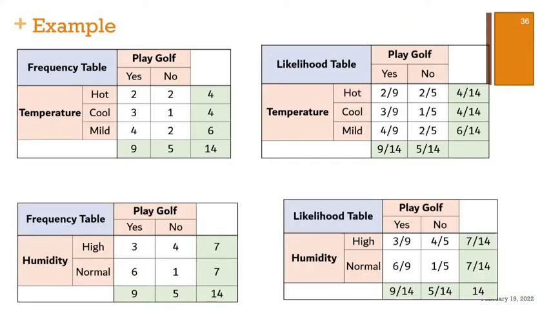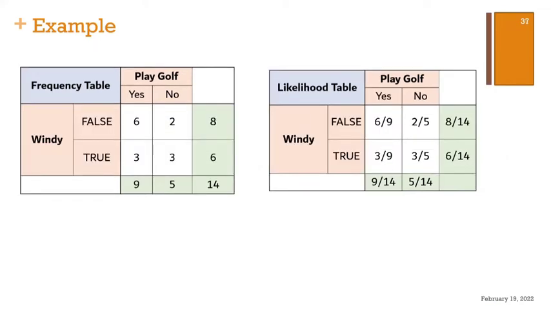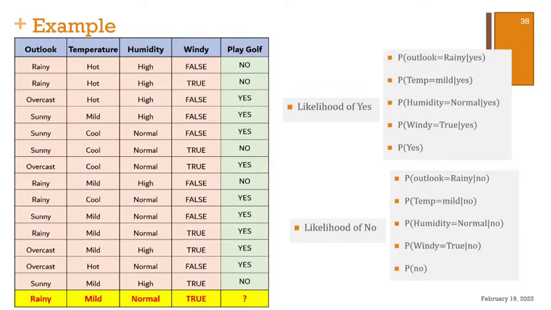And then we moved on. I remember also to create the likelihood table for each of the other attributes, temperature, and then we also solved a problem regarding this, using this particular example. These are the training sets.